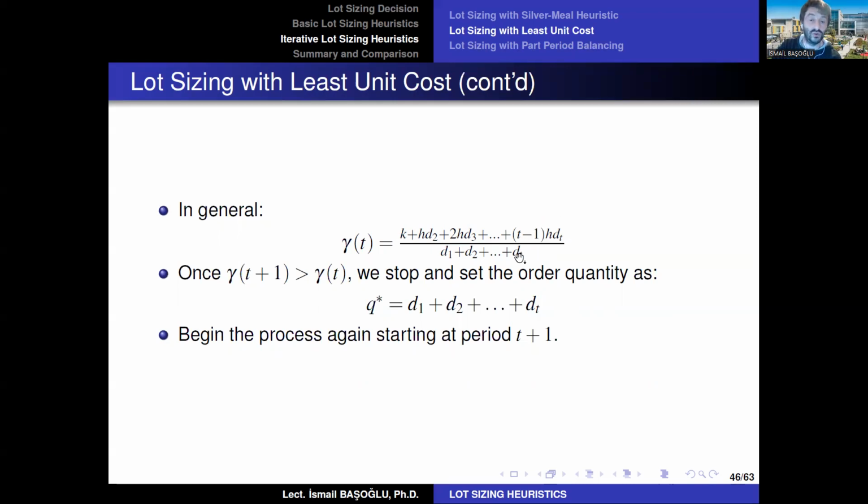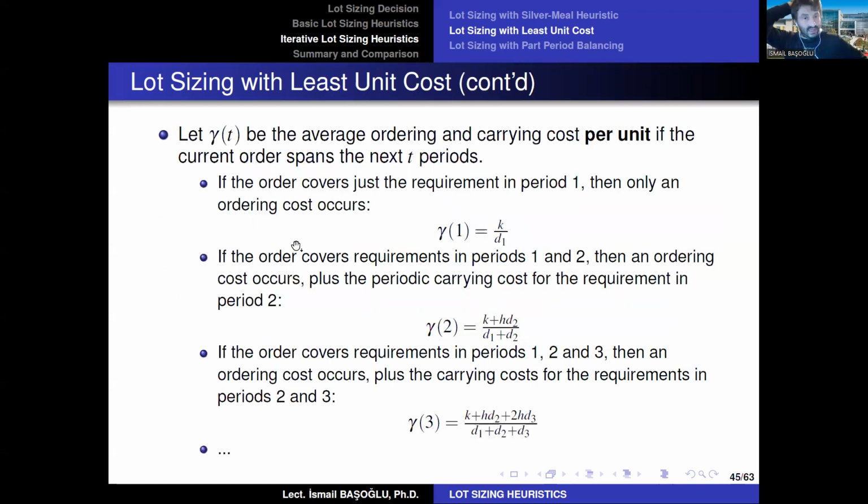And even if you introduce new demand here, that demand will be multiplied by a larger integer value. Here, the demand is introduced in the denominator by multiplying it with 1, but here it is multiplied with t minus 1, and t is always going to increase if you introduce new periods in your calculation.